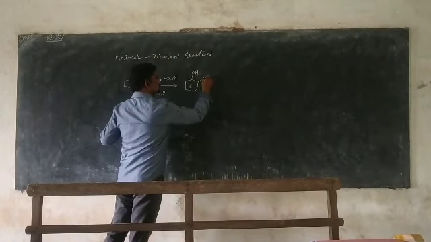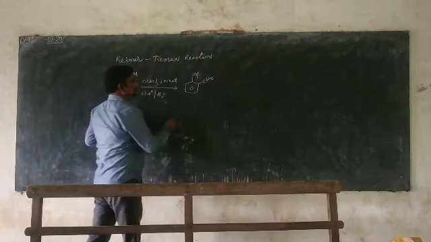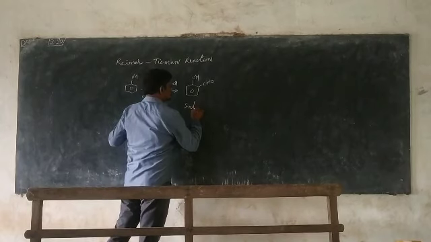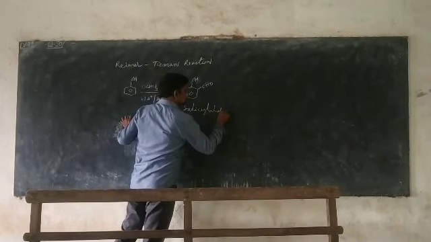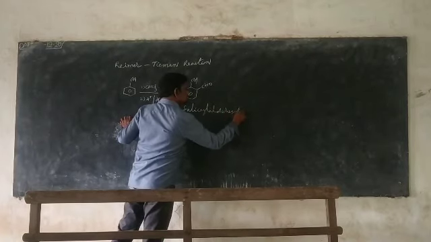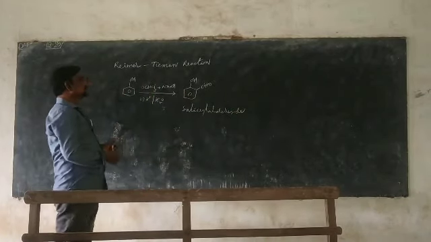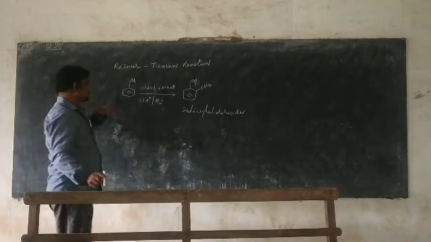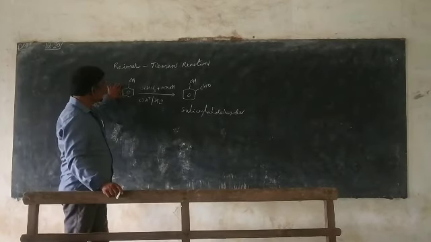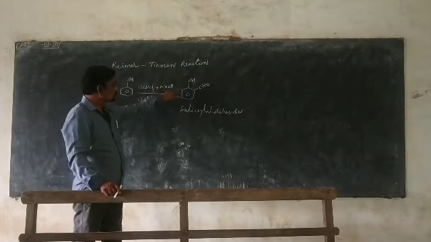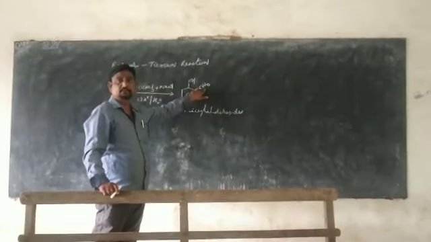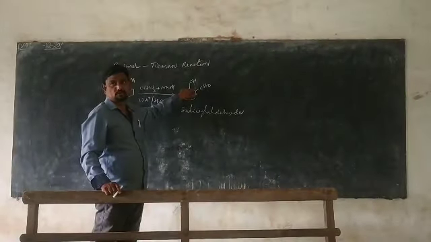The CHO group is introduced at the ortho position. Phenol reacting with chloroform in the presence of NaOH, the aldehyde group CHO is introduced at the ortho position.